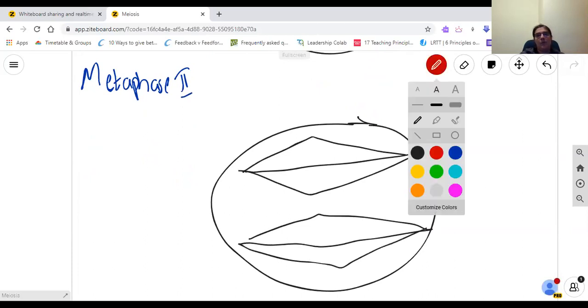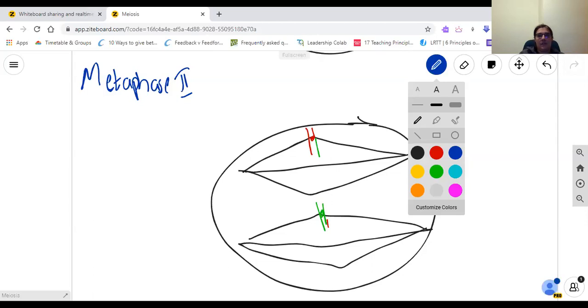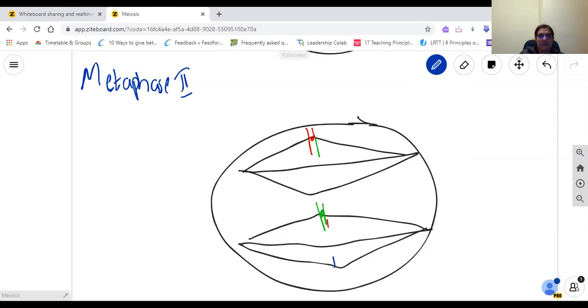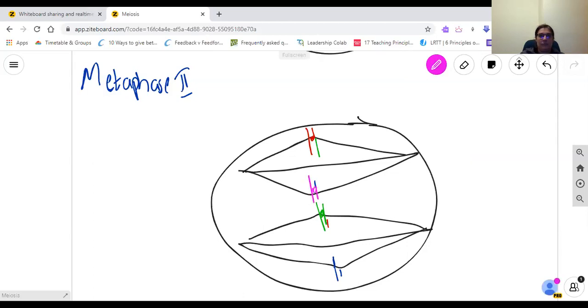And this time the chromosomes, they line up individually along the equator. Like so.